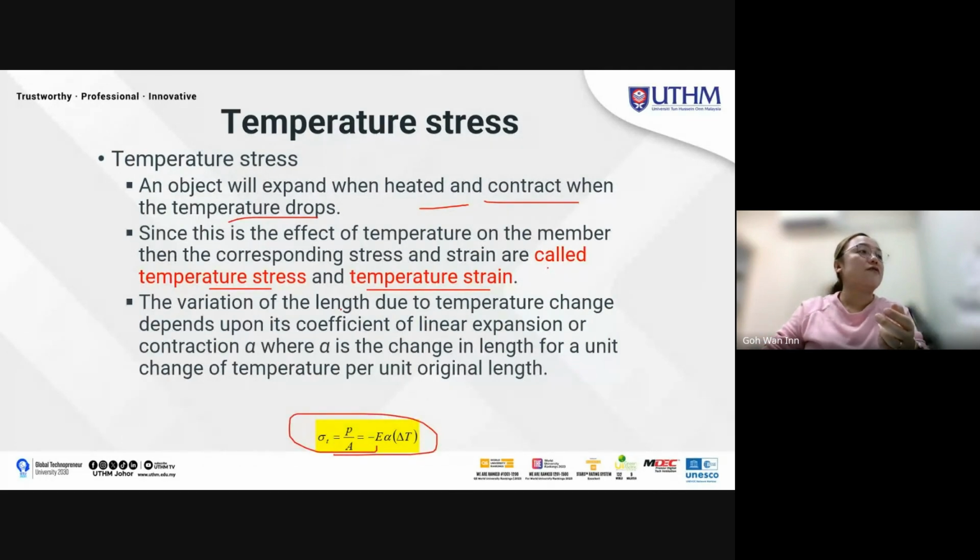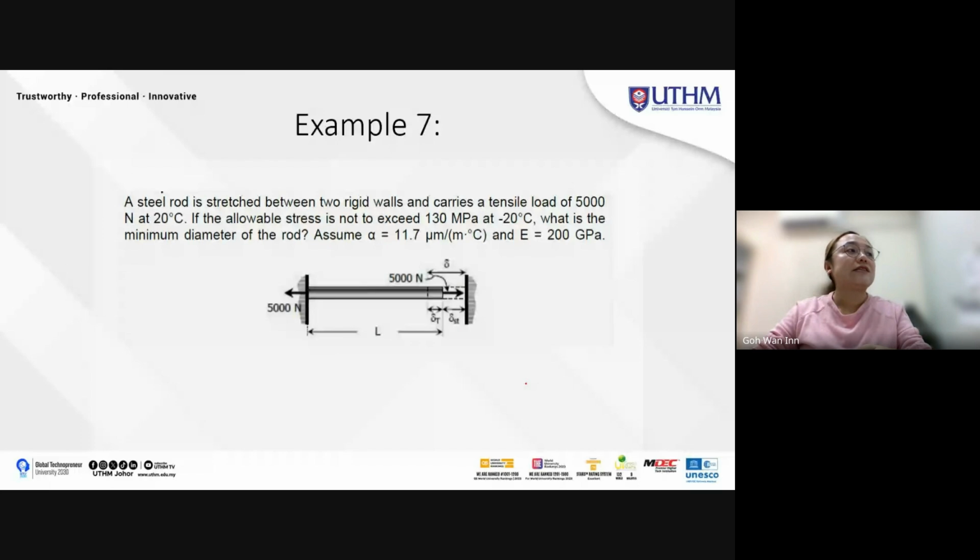The variation of the length from the temperature change depends upon its coefficient of linear expansion or contraction. Alpha is the change in length for unit change of temperature per unit original length. So this is the example.